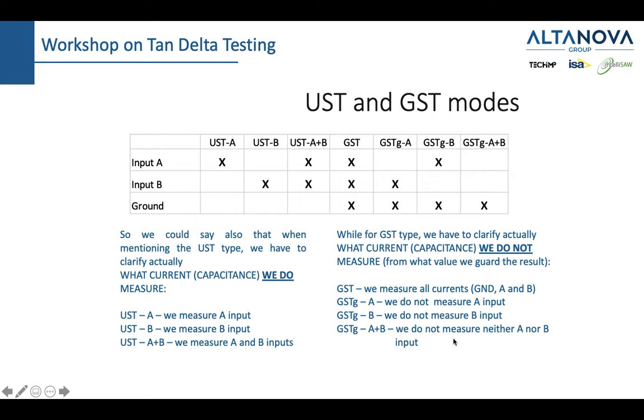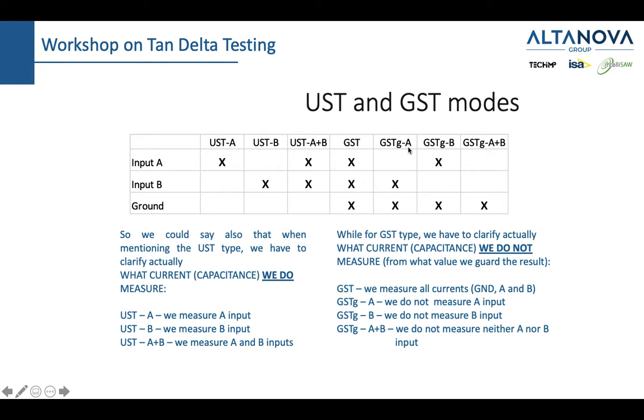And we can see here, once again, that by definition, when we define a UST, we have to say what we measure. So here we measure input A, here we measure input B, and here we measure input A and B. While with a GST, we have to say what we do not measure. So here we measure everything.